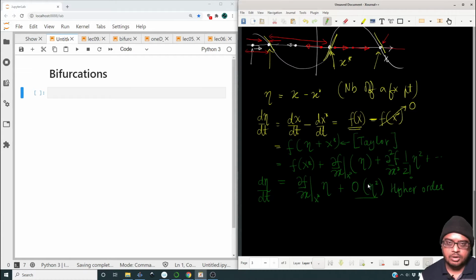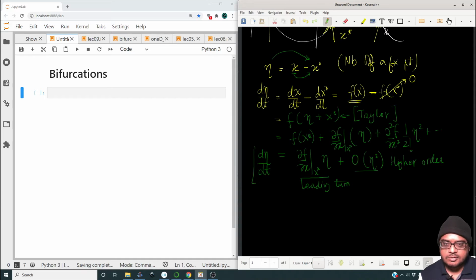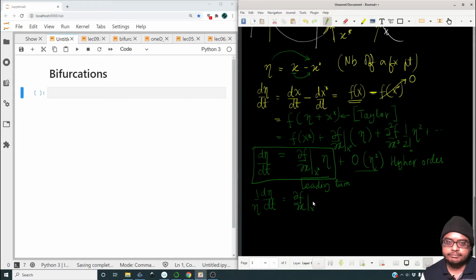If eta is small, that is, if we are really looking into the neighborhood of x star, then eta will be quite small, because x is very close to x star. So the higher order term contributions will be small compared to the leading order term. This particular term is the leading order term. If we just focus on this equation, it says that 1 by eta d eta dt is equal to del f del x at the fixed point.